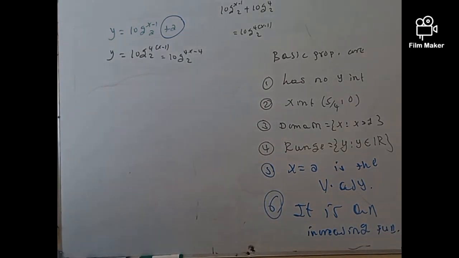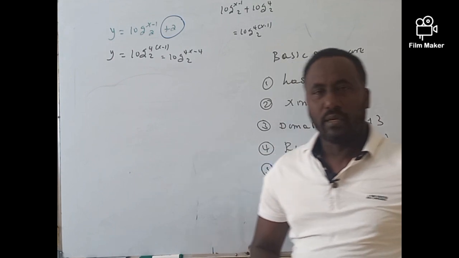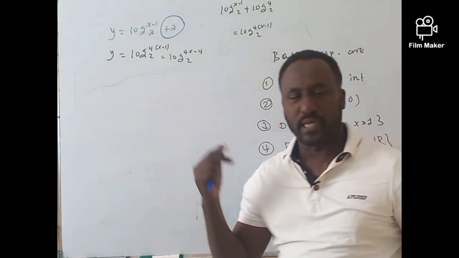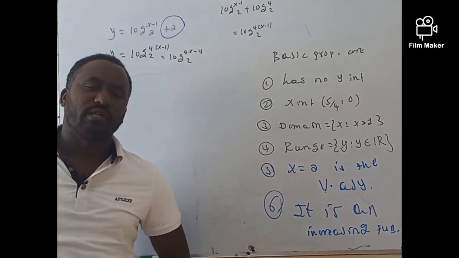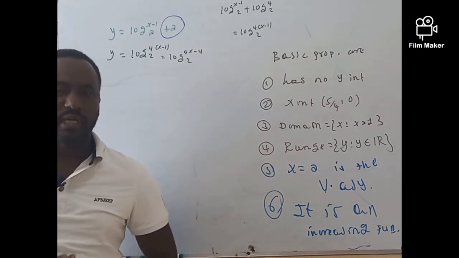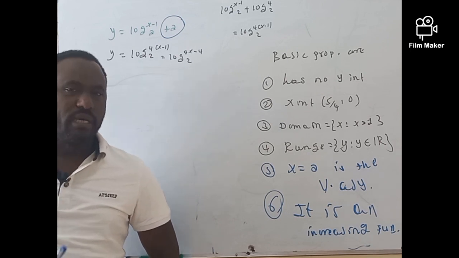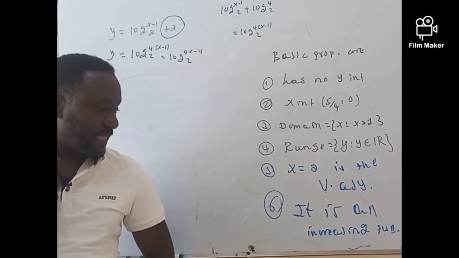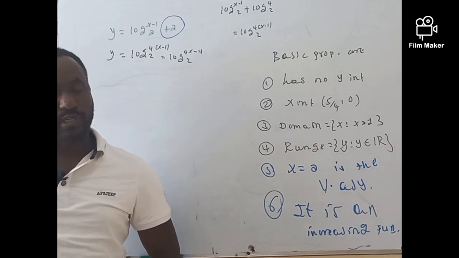So let me generalize the main points about this one. Today I have explained many basic things about logarithms: how we are going to solve any logarithm equation, and how we are going to describe the properties of the logarithmic graph. So always be careful about these 6 properties of every logarithm and every exponential problem.